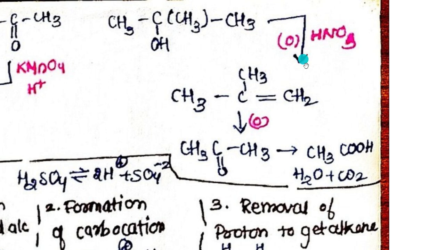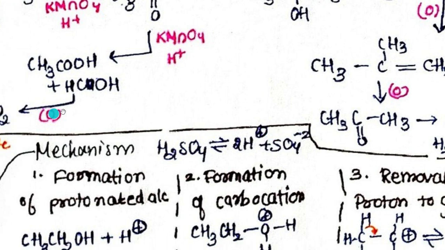On oxidation with HNO3, as we studied, it will give an alkene, a double bonded carbon. This on further oxidation will give a ketone, CH3 C double bond O CH3. This on further oxidation will give CH3COOH and H2O plus CO2, as we saw over here.